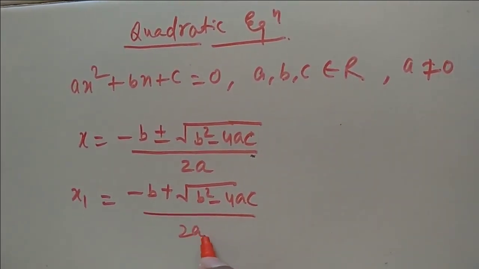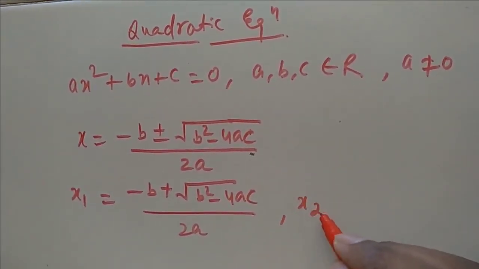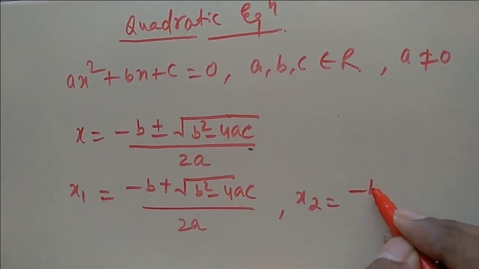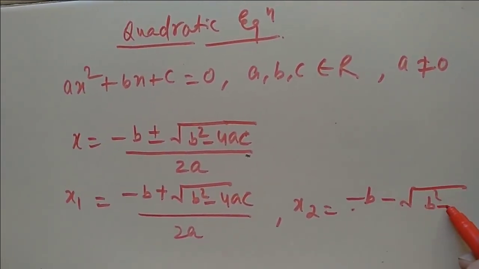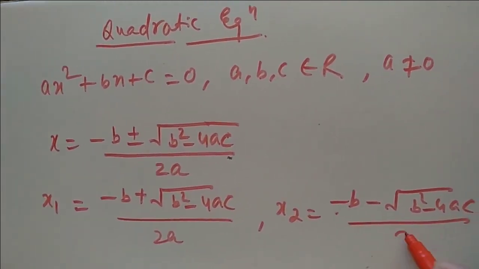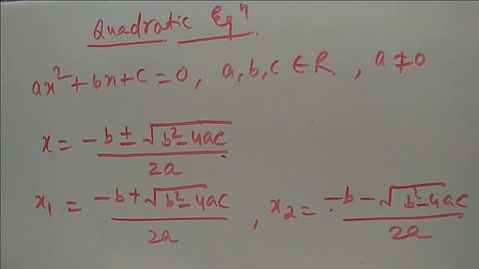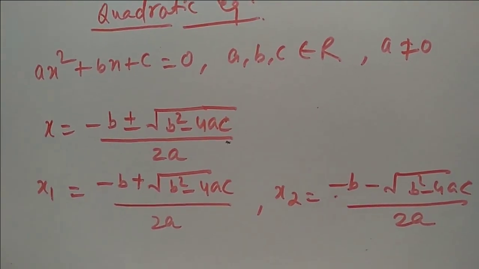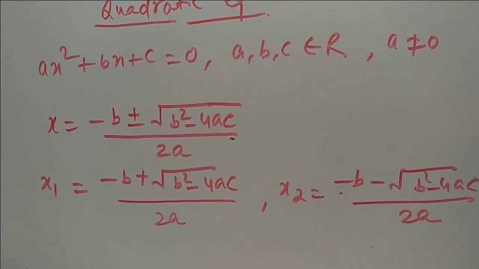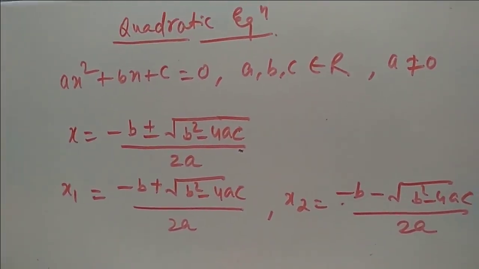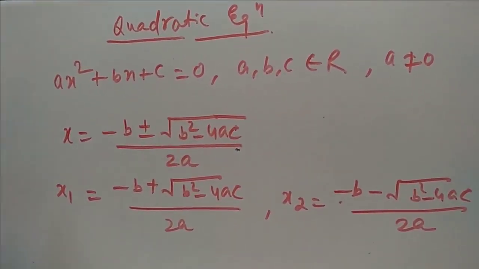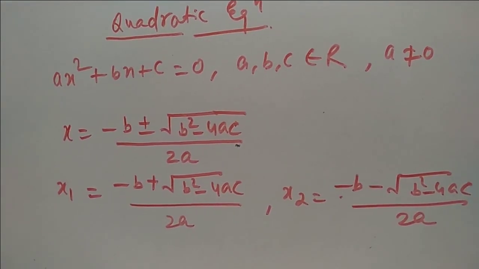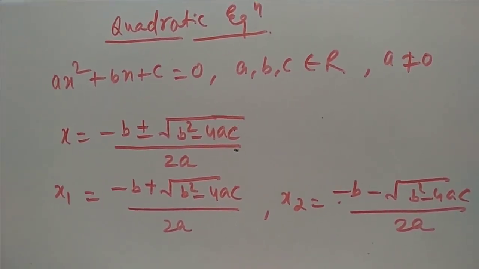First I'll take the plus value, so x1 is minus b plus under root b square minus 4ac upon 2a, and then the other one is x2, which is minus b minus under root b square minus 4ac upon 2a. We are assuming that the square root of b square minus 4ac gives a number greater than 0. So these two are called the roots of the quadratic equation, x1 and x2.